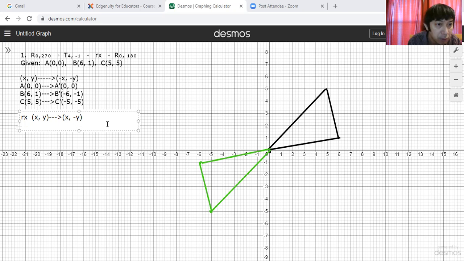So we shall get the inputs now from the primes from here. So our set of points will be A prime, and this is 0, 0 again.